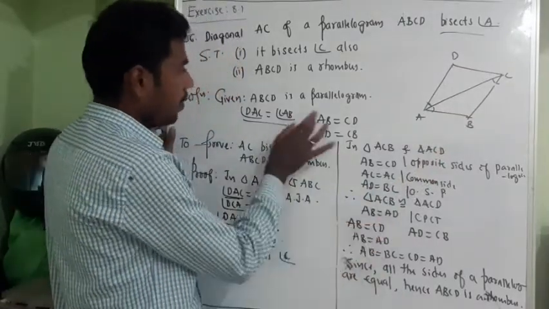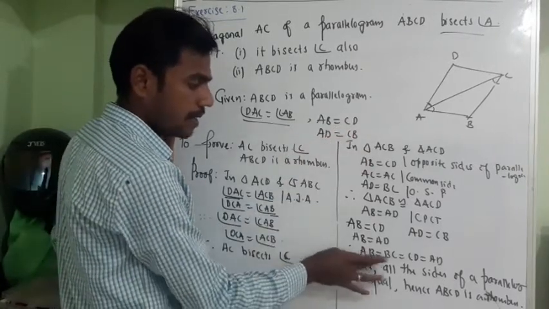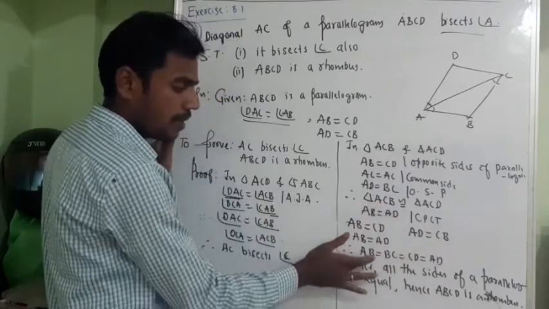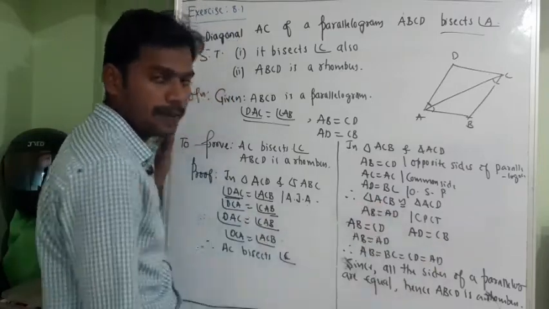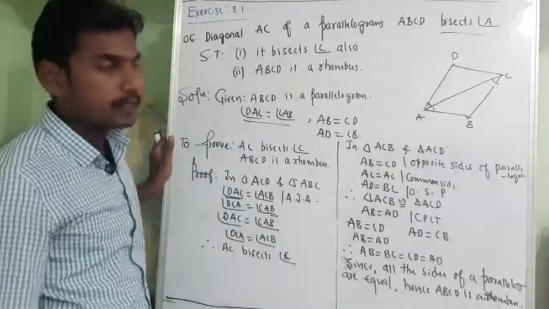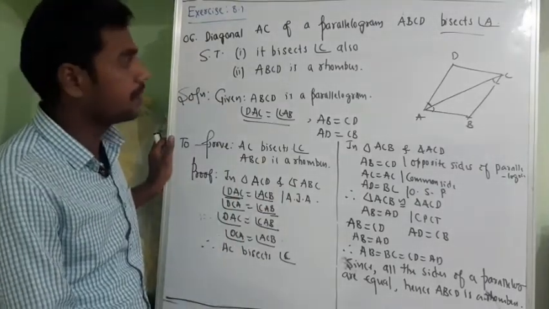So already we knew AB is equal to CD and AD is equal to CB. So I can write AB is equal to BC. With these three equations, AB is equal to BC is equal to CD is equal to AD. What I proved: all the sides of a parallelogram are equal. Since all the sides of a parallelogram are equal, then ABCD is a rhombus. Please note this term.